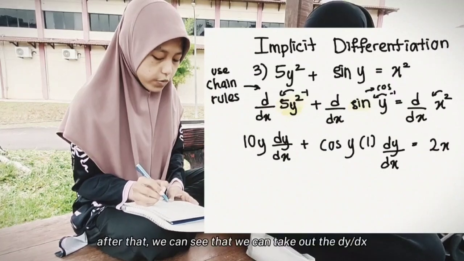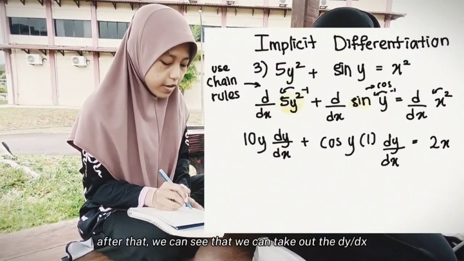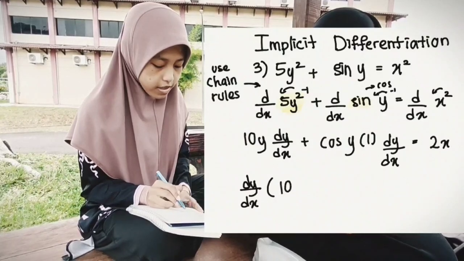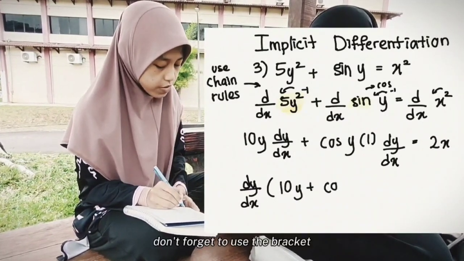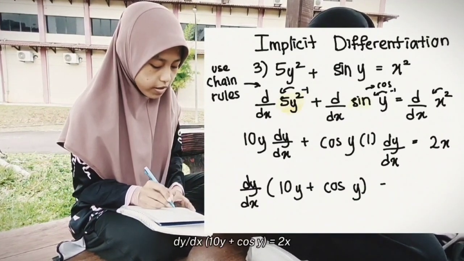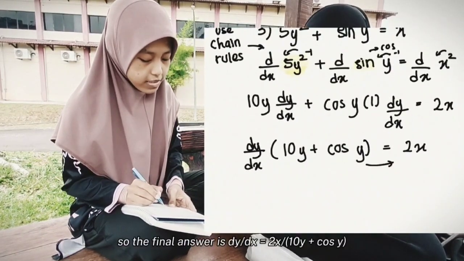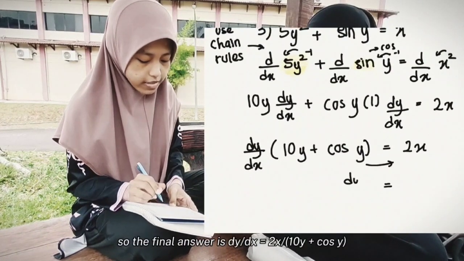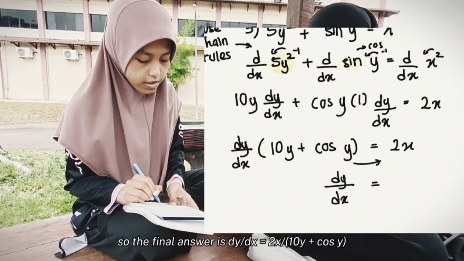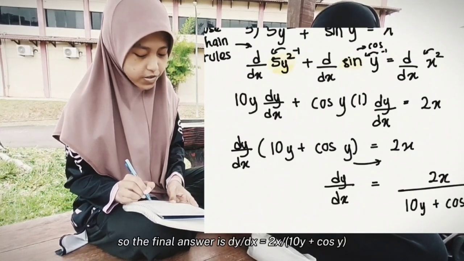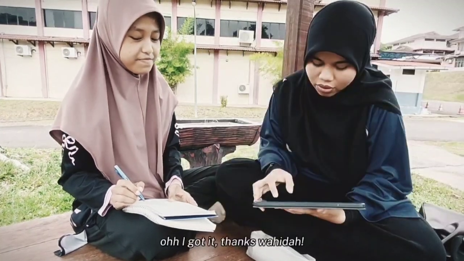After that, you can see that we can factor out the dy dx. dy dx, don't forget to use the bracket, 10y plus cos y equal to 2x. So the final answer is dy dx equal to 2x over 10y plus cos y. Okay. Oh, I got it.